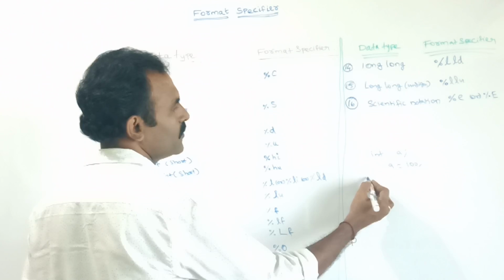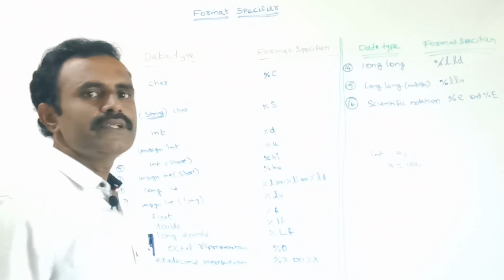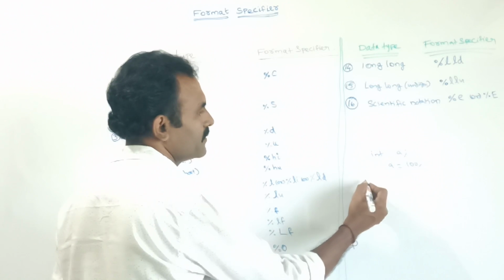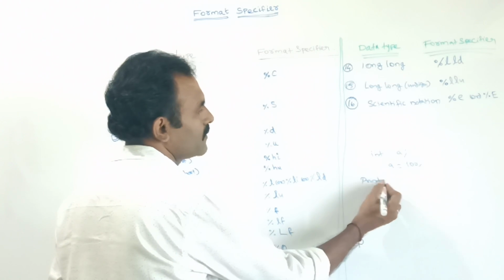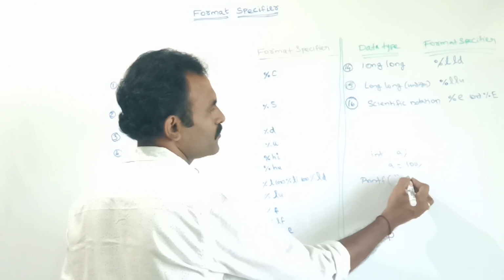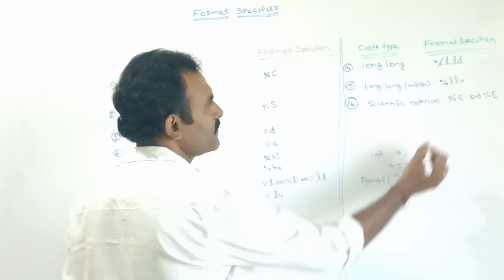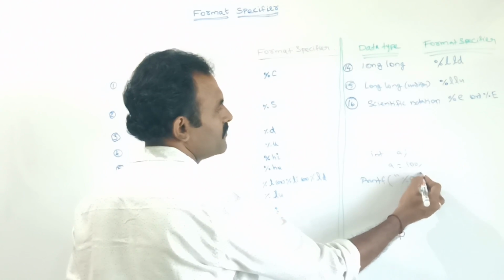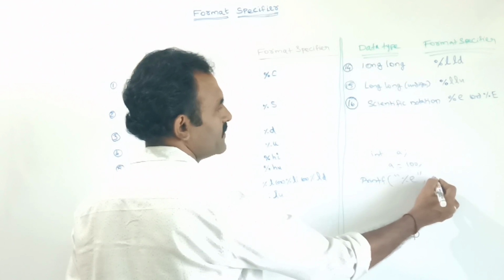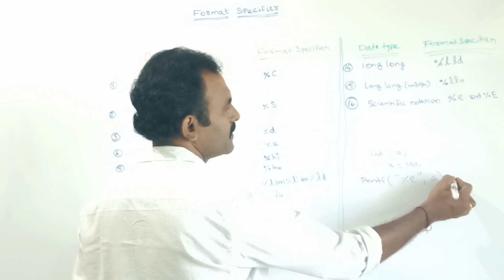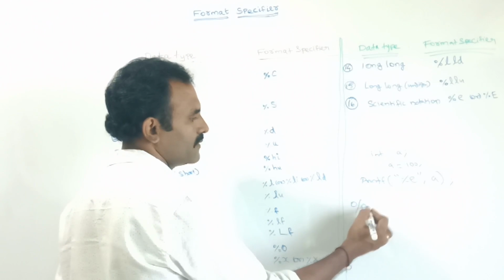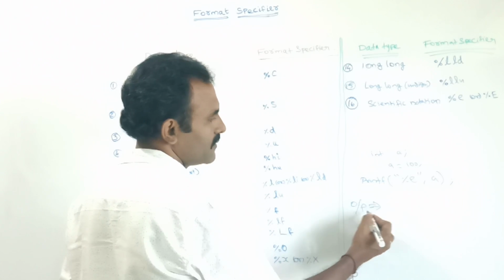If I need to print this value in scientific notation, that is in exponent format, we can use this %e symbol in printf. I am telling it to print the value of a in scientific notation. The output will be in this way.